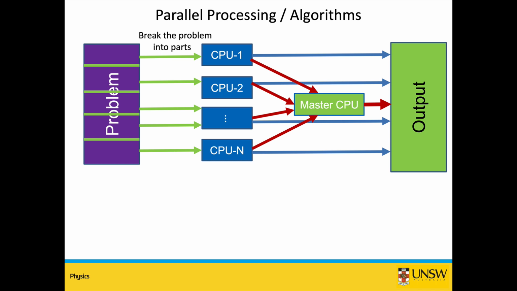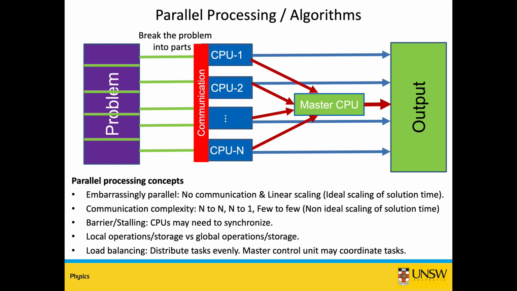So this process is straightforward because you are breaking the problem into well divided parts, and each of the processors is acting on it. So this is called ideal scaling, or what we call an embarrassingly parallel case.